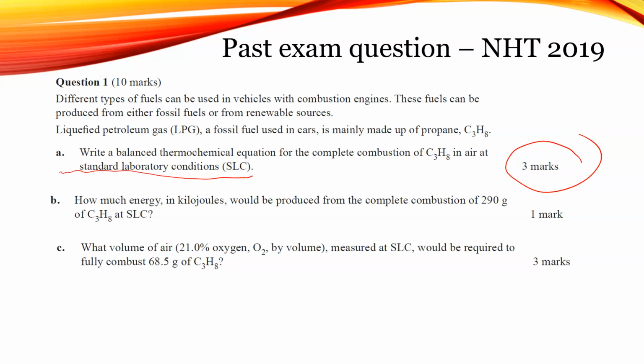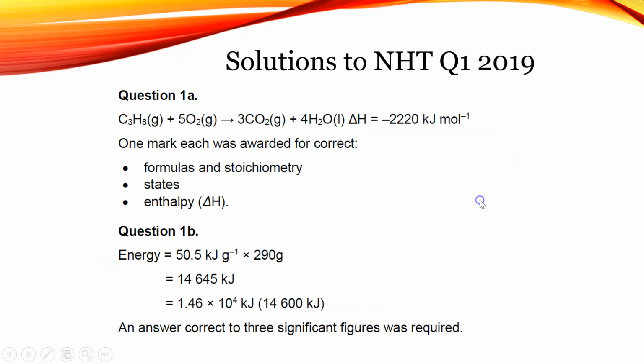Now, I've got the answer following this slide, but I would bet my bottom dollar that the reason why there's 3 marks is 1 for the balanced equation, 1 for including the delta H from the data book, and the final one for recognizing that at standard conditions, water is a liquid. So let's just flip forward to confirm this. And there's our solution.